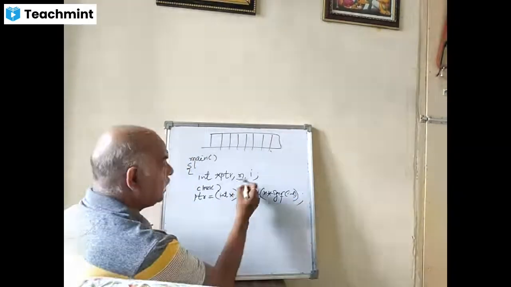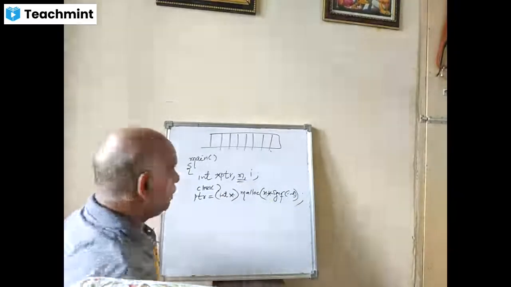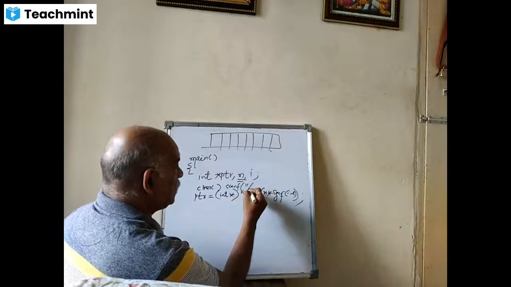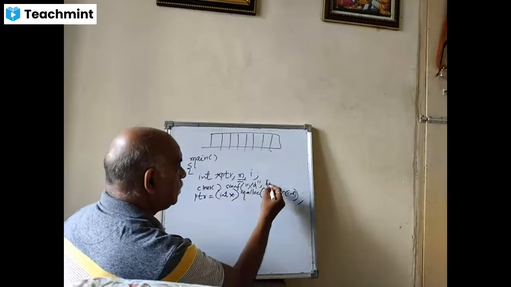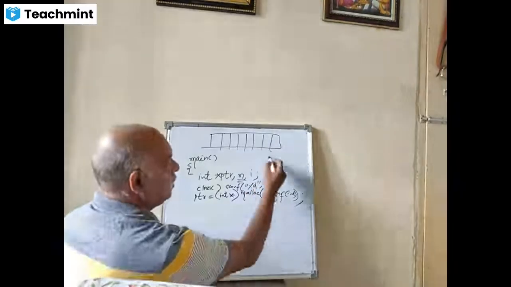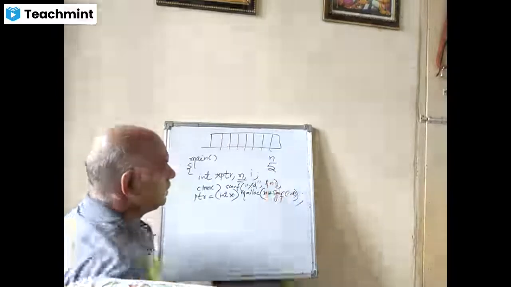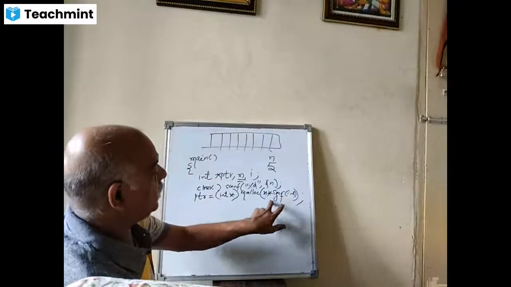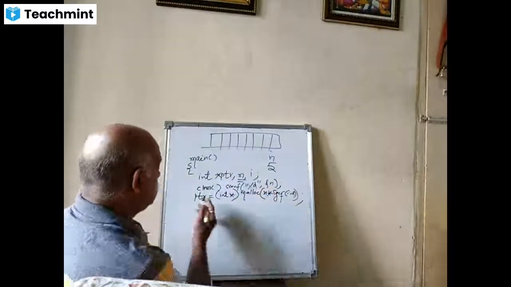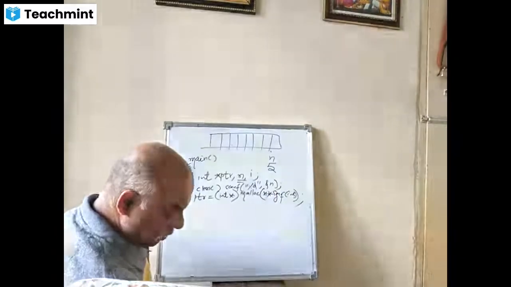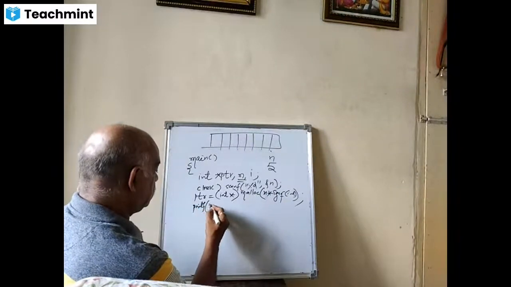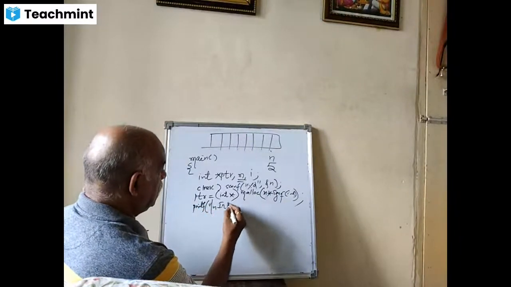So what is n here? N you have to read from the keyboard. Here you read it with scanf, the size of the array, address of n. N may be, for example, 5, so 5 into 2, a 10 bytes block. Okay, there will be a 10 bytes block. So now what are you going to do here? Printf, input array elements.